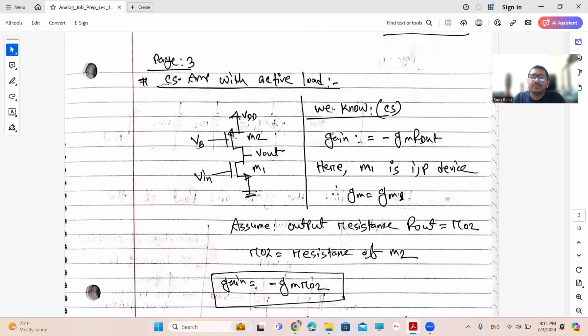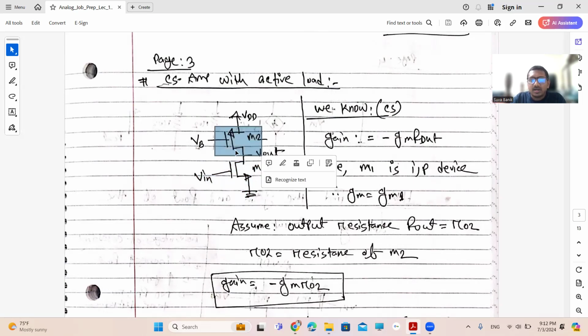So if we want to find the gain of the circuit, as it is a common source amplifier, there is no confusion. We know the gain of a common source amplifier is minus gm times RD. Here gm means the transconductance of the input stage, so we only need to find the output resistance.